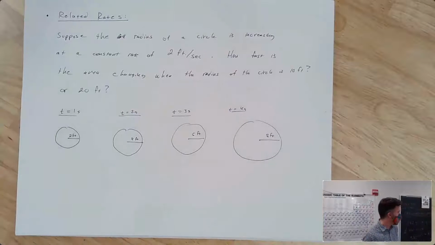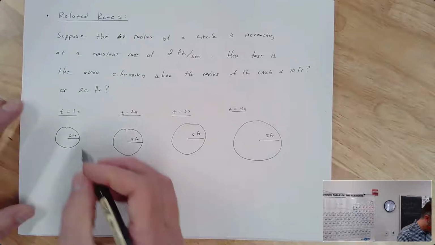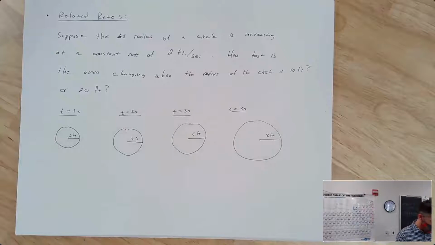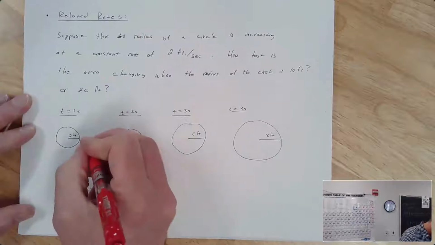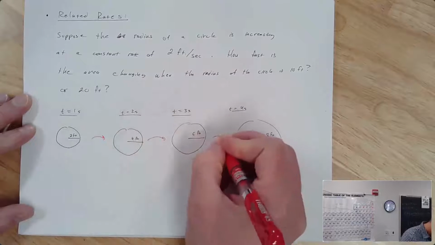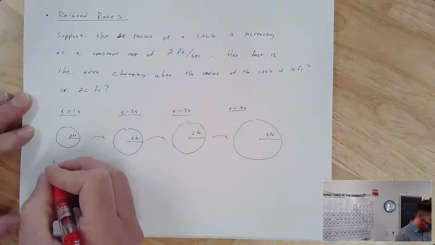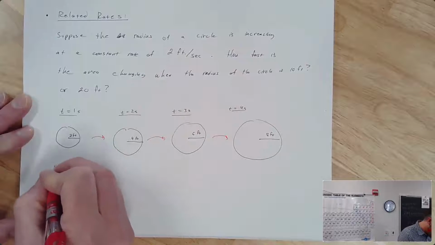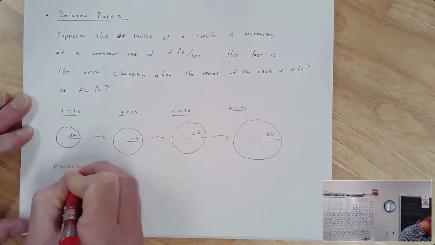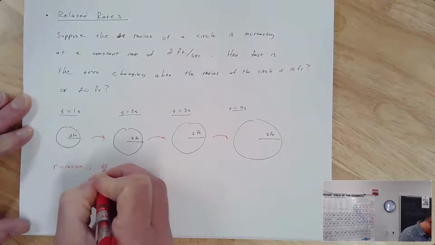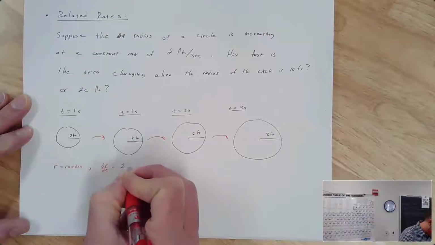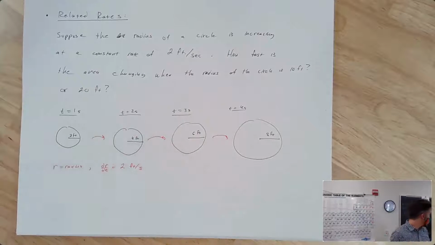So hopefully everyone's cool with the fact that what we can think about happening here is that every second, the radius is growing by 2 feet. So it totally makes sense to say that the rate of change of the radius, if r is the radius, I'm going to say that dr/dt is 2 feet per second.